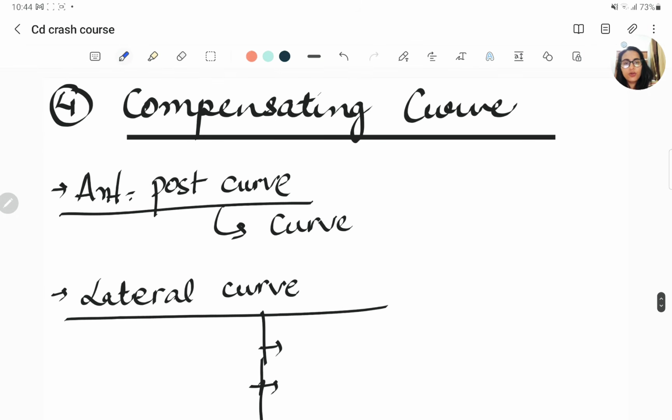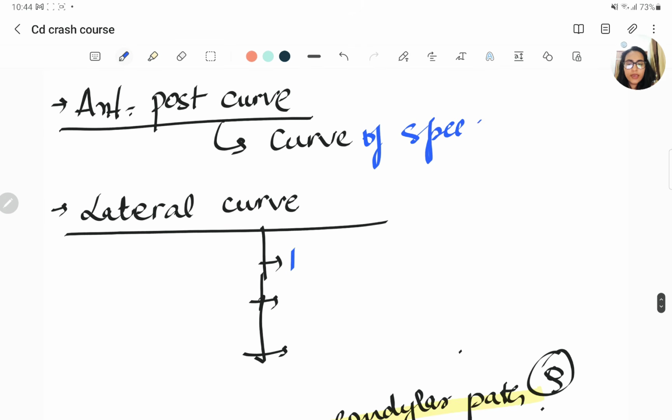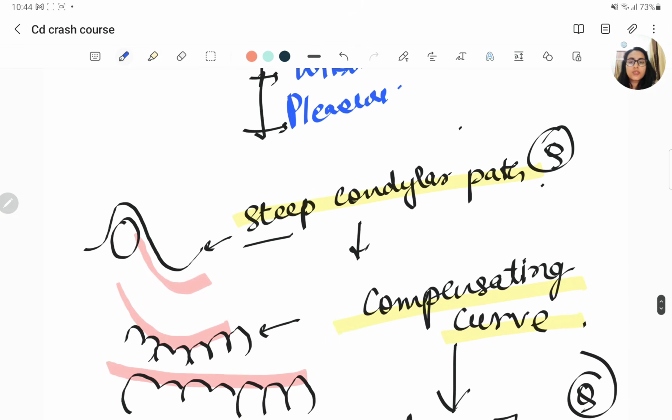Compensating curve. The anteroposterior curve is the curve of Spee. And the lateral curves we have are the curve of Monson, curve of Wilson, and pleasure curve. So steep condylar path. This is a steep condylar path.